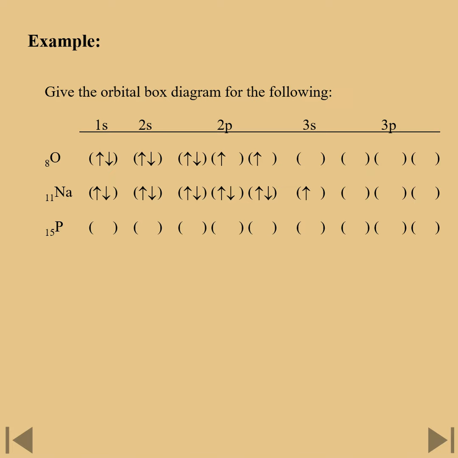We did phosphorus earlier, and we saw 1s2, so one up, one down. 2s2, one up, one down. 2p6, so one up and one down in each of the 3. 3s2, one up and one down. And then 3p3, so all 3 pointing up.